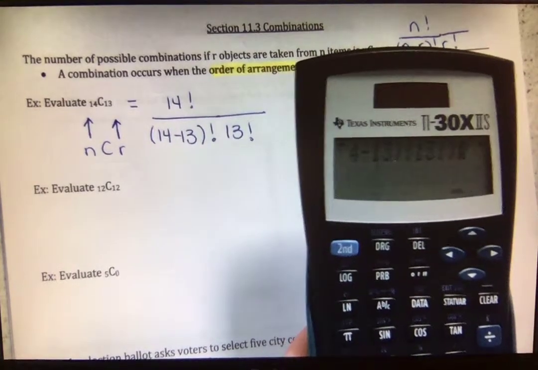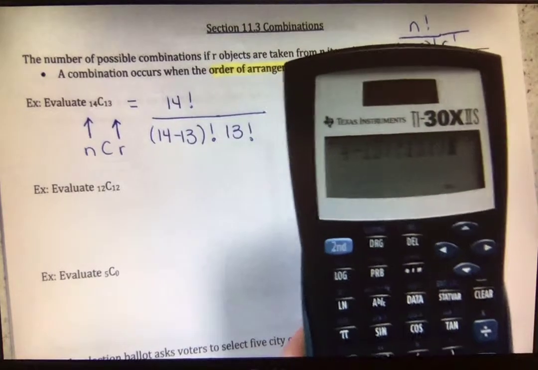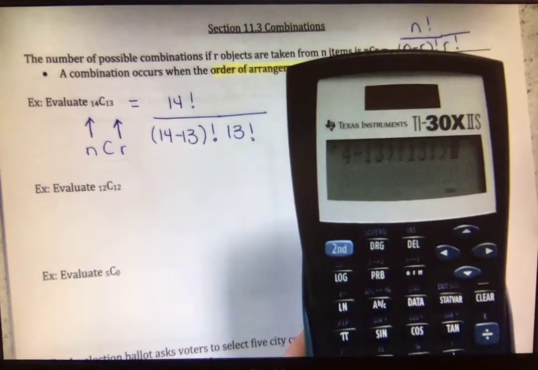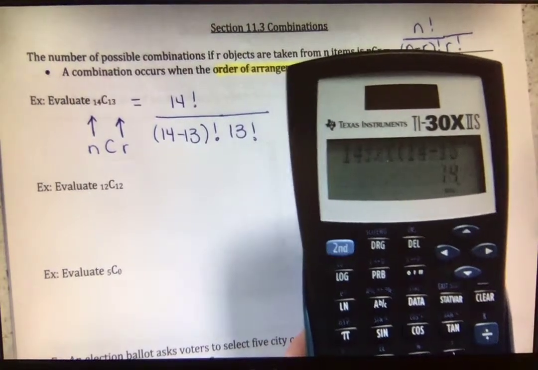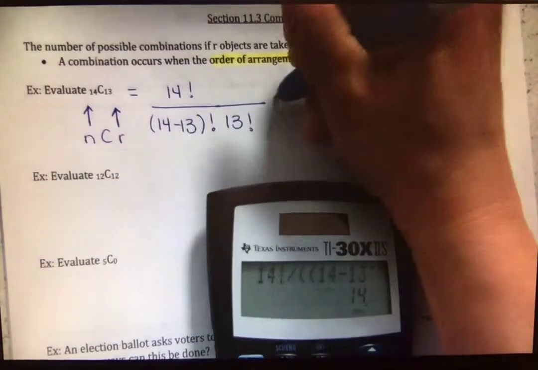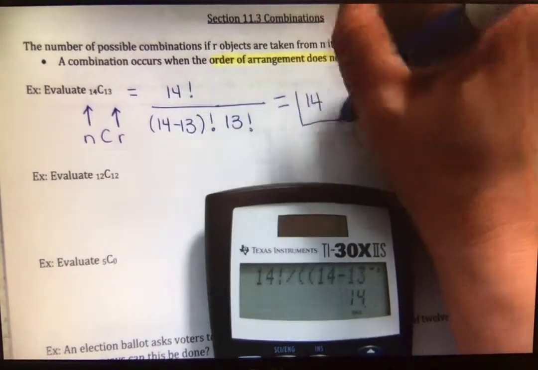If you have a graphing calculator, it should look exactly the same; you just have to go through another step to get your factorials. So we should get 14. Do we agree? Do we need to see that again? Questions for me?